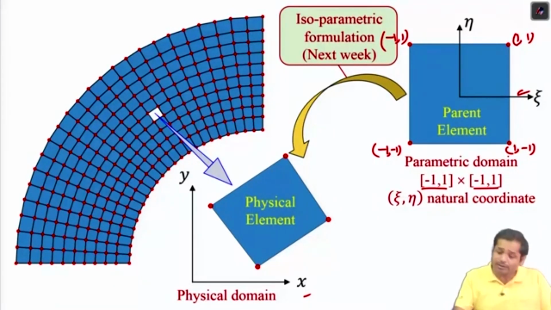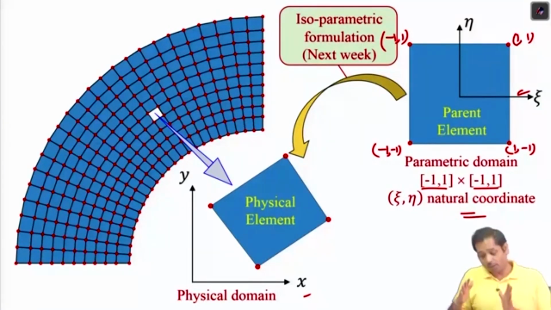We construct our shape function on the parent element, and constructing shape functions on this element is relatively easier because our parent element is always a square, -1 to 1 and then -1 to 1. So we will construct our shape functions in the parent element, then the entire thing will be mapped to the physical element through a transformation. And what is that transformation? We will discuss that in isoparametric formulation next week.